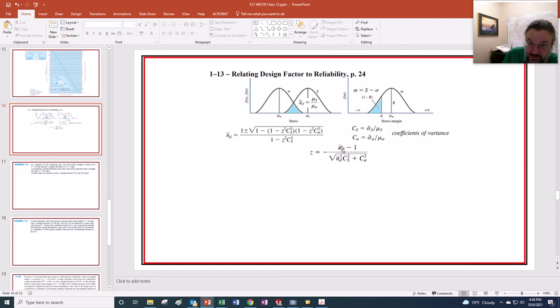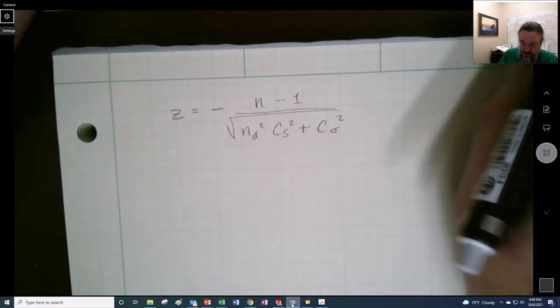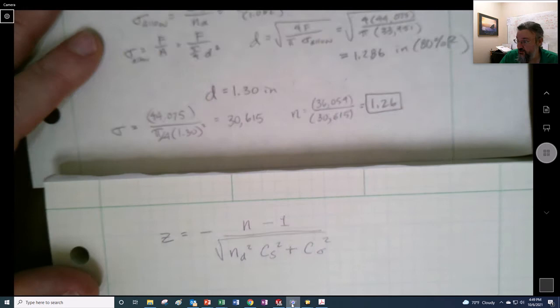So let me get that equation down. I'll write that Z is equal to negative n minus 1 divided by the square root of nd squared cs squared plus c sigma squared. We already have those coefficients of variation, so the only thing we really have to do is put in my 1.26.